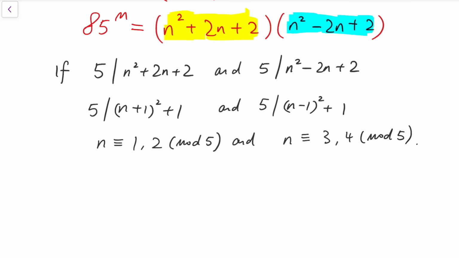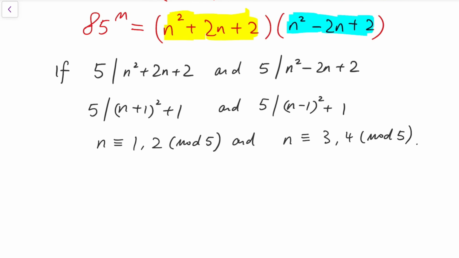So we cannot find a remainder when n is divided by 5 such that both relations hold at the same time. So that means these two expressions cannot share the prime factor 5.